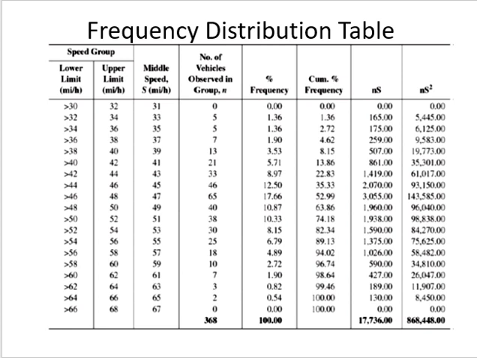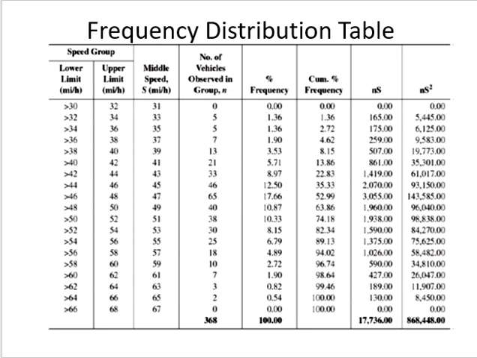Then, how many values in each group? How many cars you observed in each group? So it's not fixed. You have to observe it and you will put it as you observe. So in this group they did not observe any car. So 0.